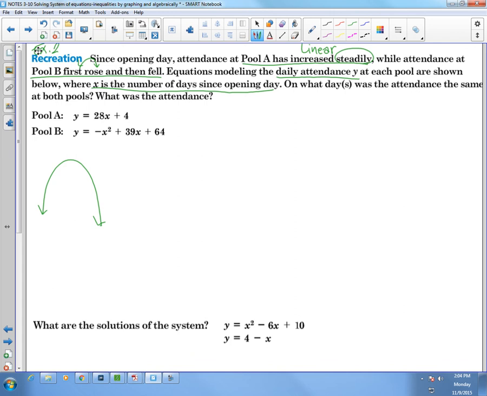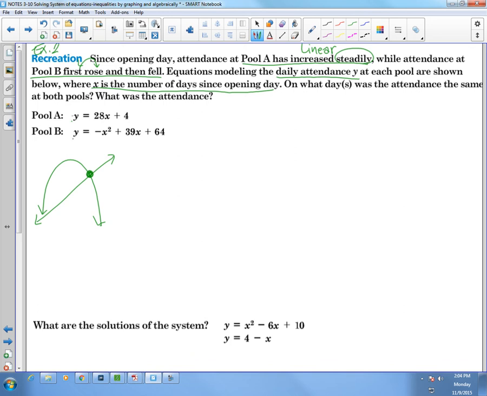Pool A looks something like this. And at some point, they are the same. So we're going to do a different model here to solve this one. Instead of doing it graphically, because we're almost out of time, if they're the same, doesn't that mean that both have the same y value and x value right here?